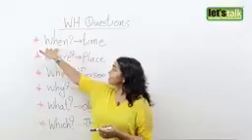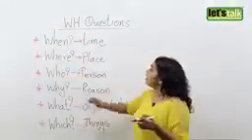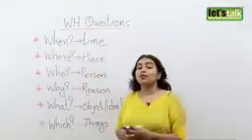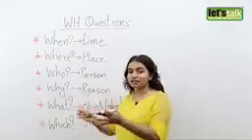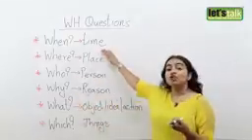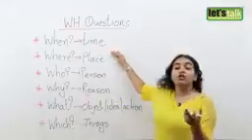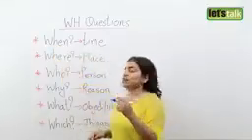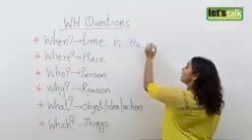The first one is the question when. The question when always is asked when you want to know the time of a particular event. So whenever you want to know the time a particular thing occurs, that's when you ask the question when. For example, you could say, when is the meeting?